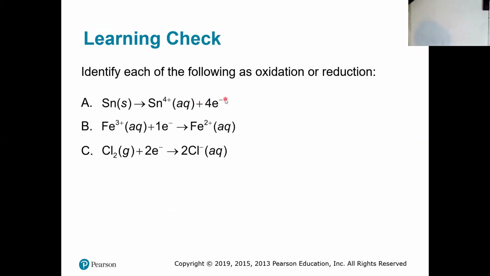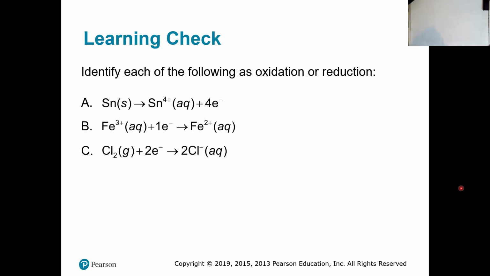So one way you can identify redox reactions and classify them as oxidation or reduction is you can look if electrons are listed within the reaction itself. You can look to see whether the electrons are on your reactant side or your product side.